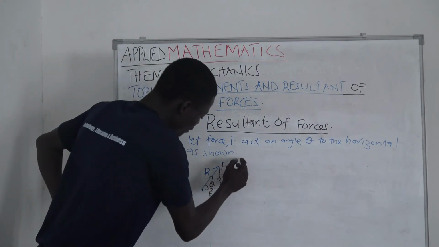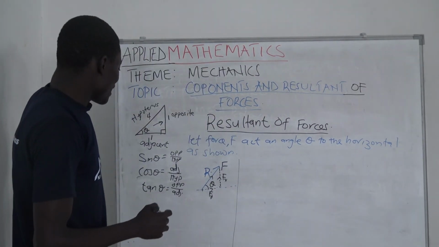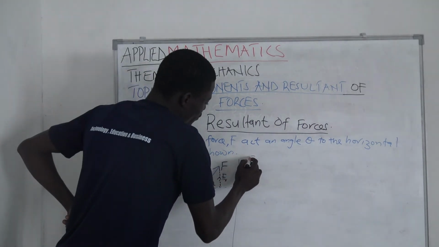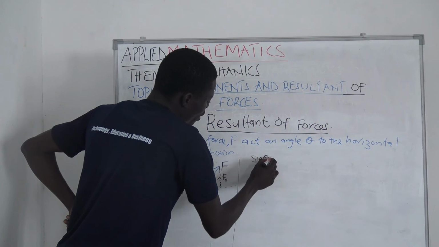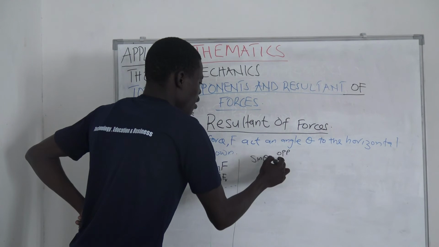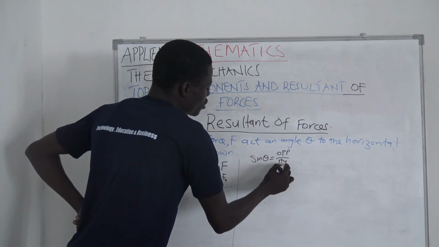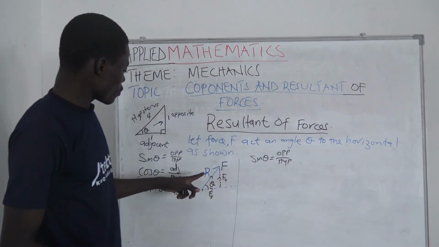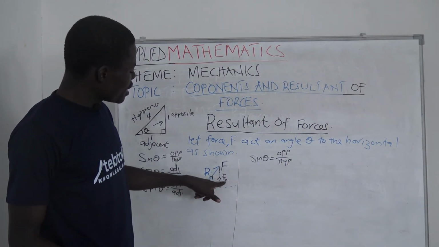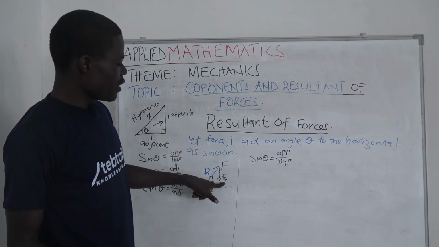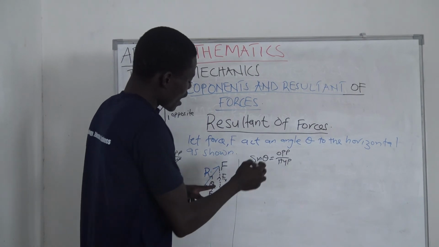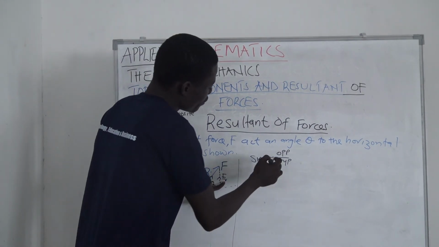So from this one, we know that sine theta is given by opposite out of hypotenuse. So what is our opposite? Our opposite in this case is Fx.